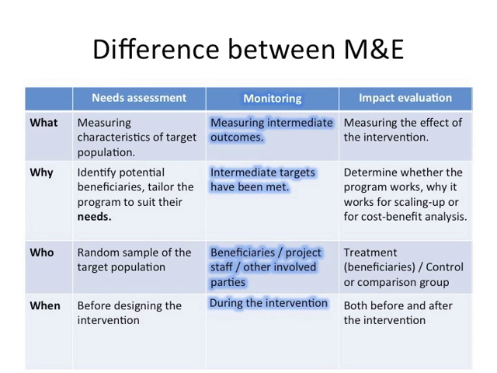Monitoring involves collecting information from project staff, beneficiaries, and other stakeholders while the program is still in progress. And, in the majority of cases, this will not require information from community members who are not directly involved with the project.